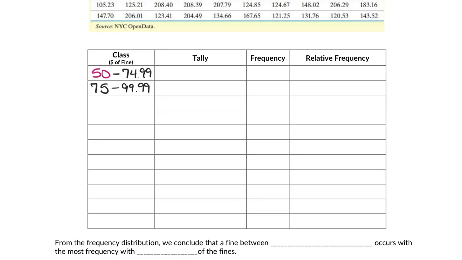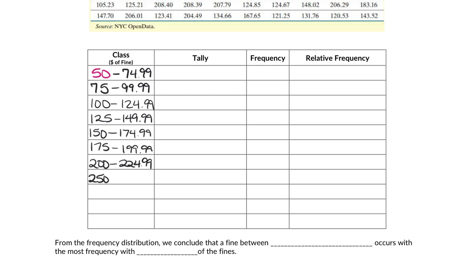So if we start rattling this off, after 99.99, we'd have 100 through 124.99. We'd have 125 to 149.99, 150 to 174.99, 175 through 199.99. That's hard to say out loud. 200 through 224.99.